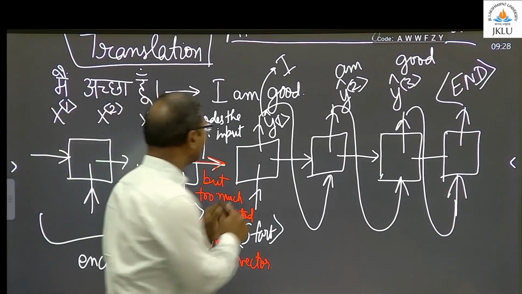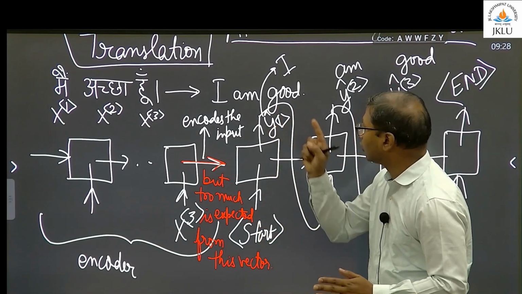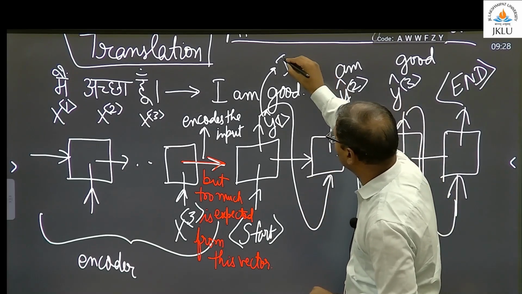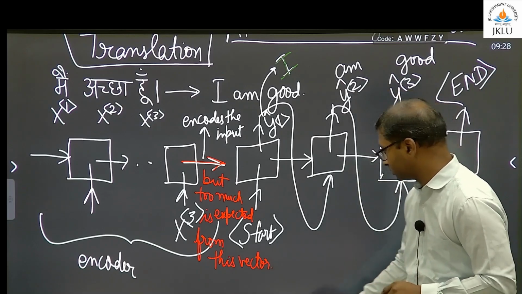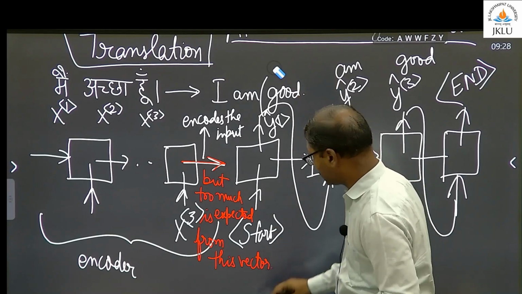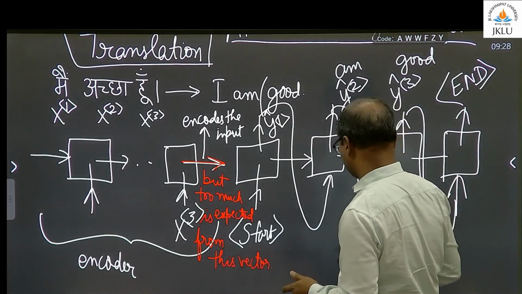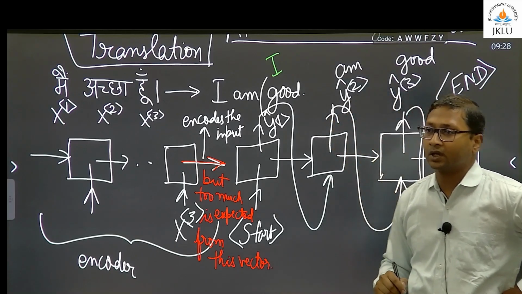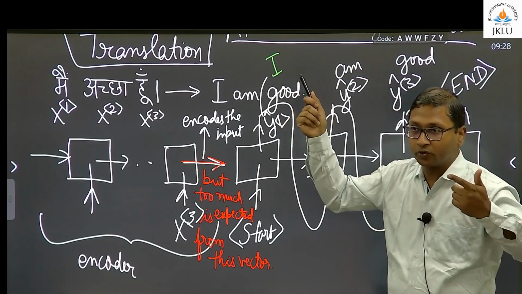Now let's say I've given this start here. I want to output, what should be the output? I. Light green works better. Okay. So I. How do I know I should be the output here?